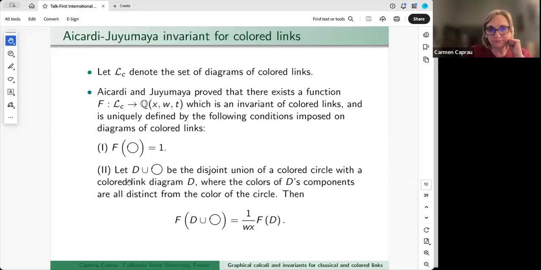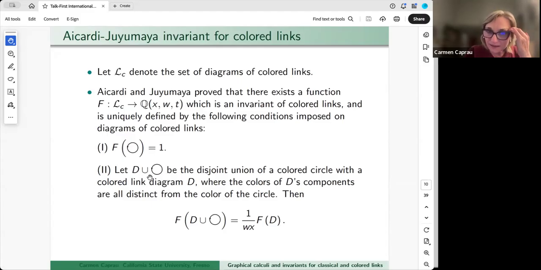And if we have any diagram D, this disjoint union with the standard diagram of the unknot, but we are working with colored links. So let's say something about the colors of the components.